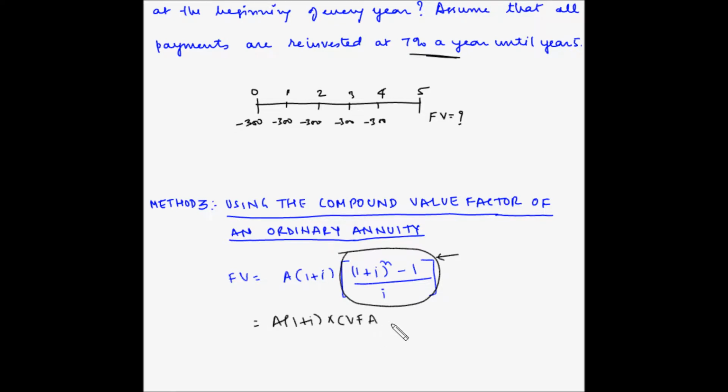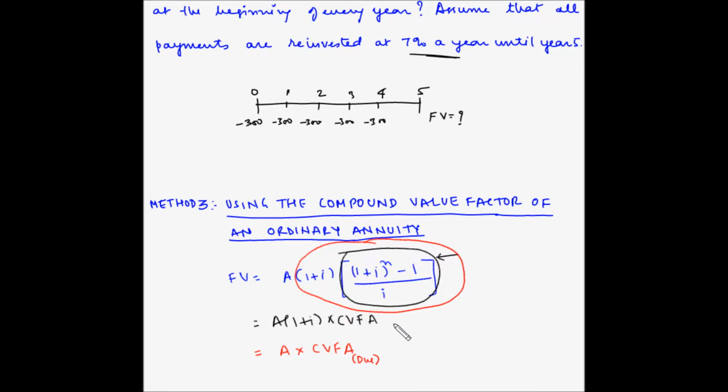Now some people have also established tables for the compound value factor of an annuity due. Those tables consider the value of this portion. So in that case, the formula becomes A into the compound value factor of an annuity, in this case annuity due.